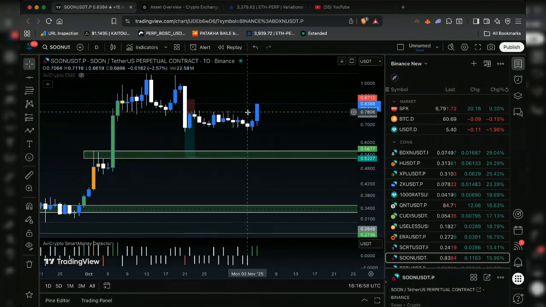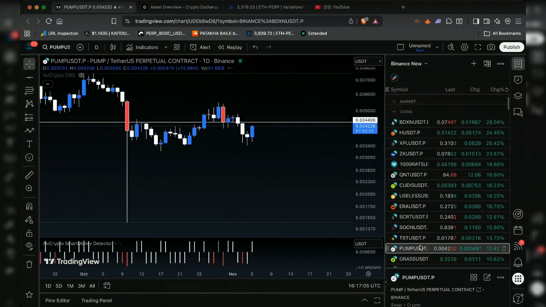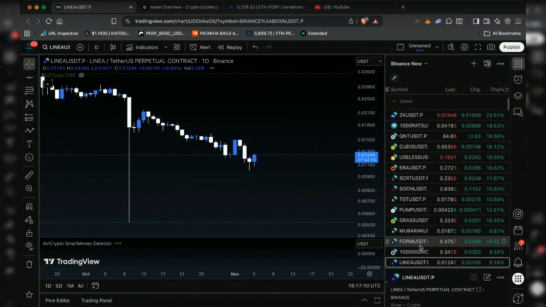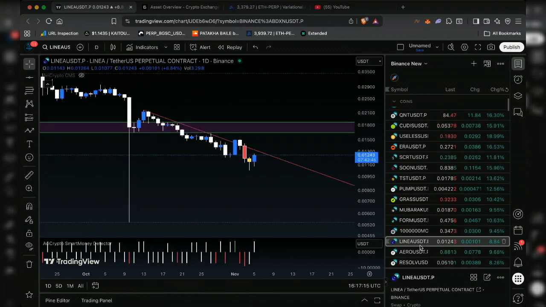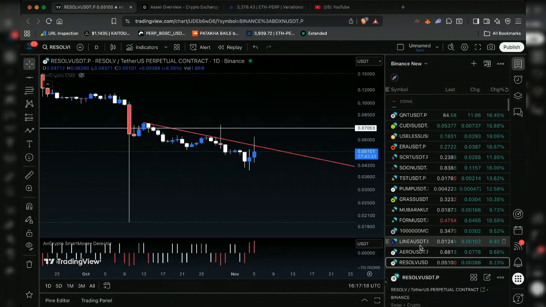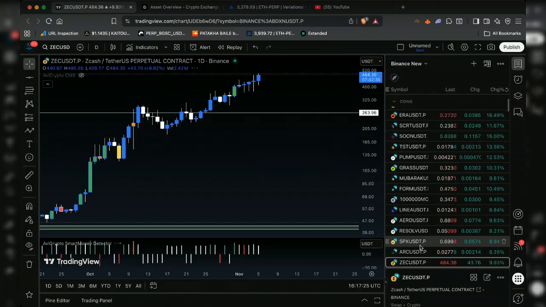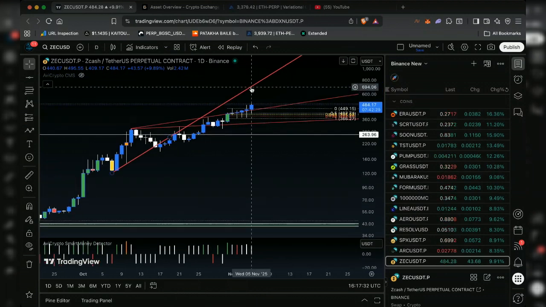Okay, this was the setup which I'm not playing. Okay, ZEC is also looking good here for the target ops.